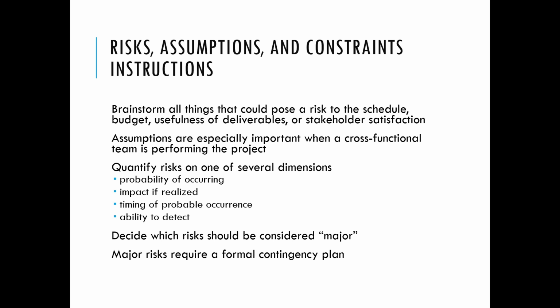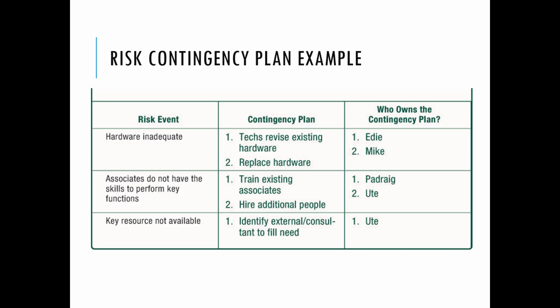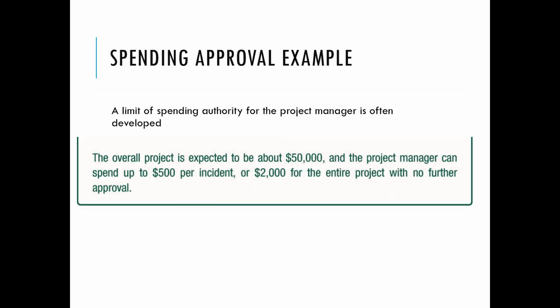We need to quantify risk on one of several dimensions, like probability of occurring, impact if realized, the time of probable occurrence, how many times it can occur, and the ability to detect if it occurs. According to these parameters, we decide which risk should be considered major, and a major risk requires a formal contingency plan. This is an example of a risk contingency plan. It can also serve as a template.